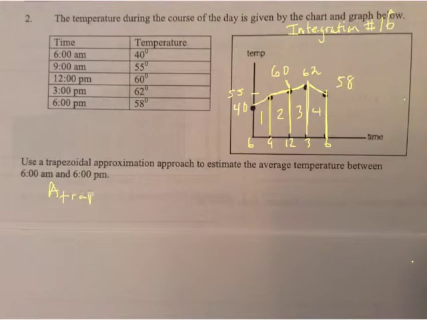Well, the area of a trapezoid in general is 1/2 the sum of the bases times the height. So for our first trapezoid, we have to think about our bases.